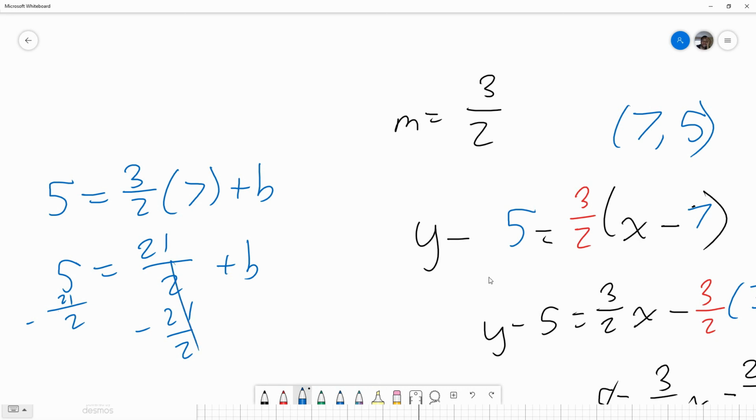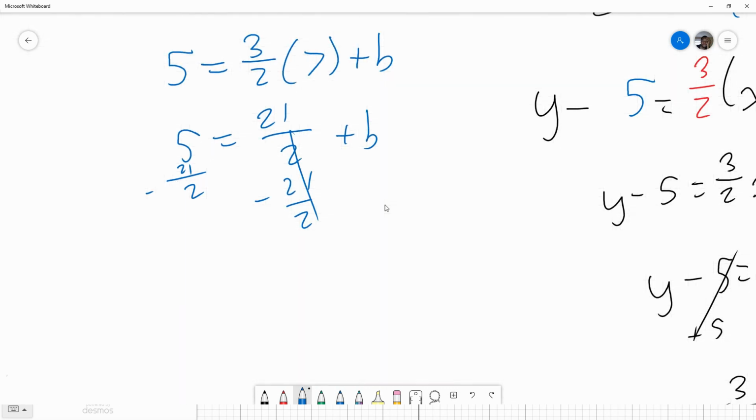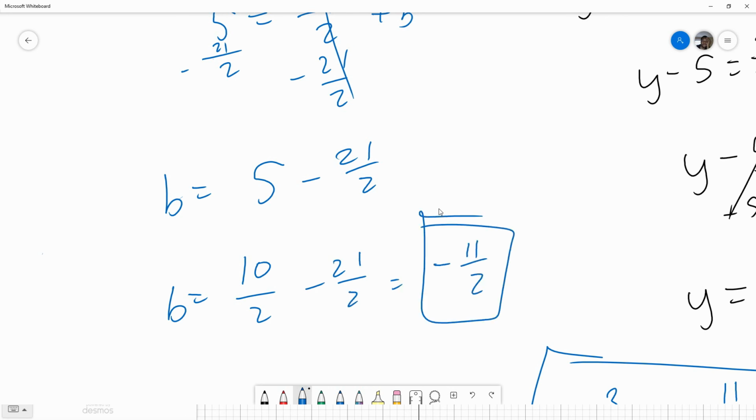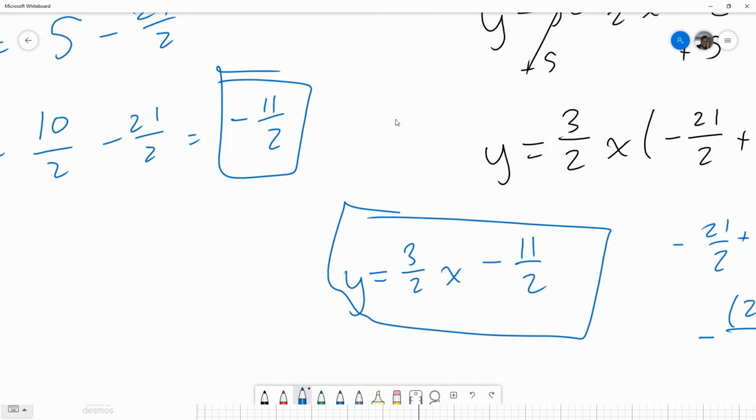And I'll have my y-intercept equals 5 minus 21/2. Well, as we discussed before, 5 is just 10/2, which is again negative 11/2. Which means my equation would become y equals 3/2 x minus 11/2.